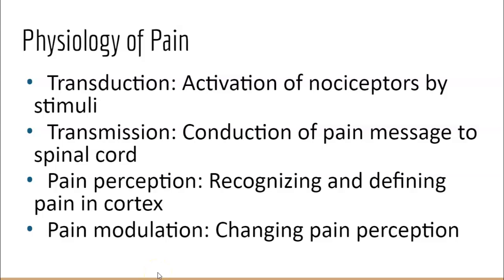Transmission is the conduction of pain messages to the spinal cord. So think of those peripheral nerves that carry the pain messages to the dorsal horn of the spinal cord in a process known as transmission. Pain messages are conducted to the spinal cord along either of the 2 types of fibers.